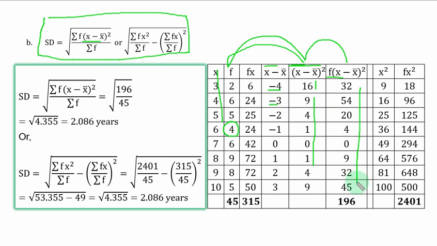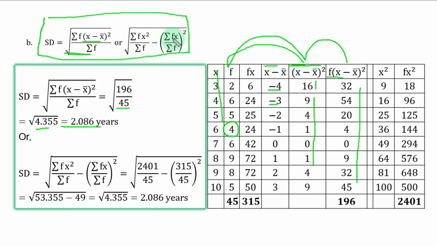So the summation is 196. Then if you add all the frequencies, you have 45. So by this first formula, standard deviation is equal to square root of 196 divided by 45. That gives you this, and you have 2.086 years.